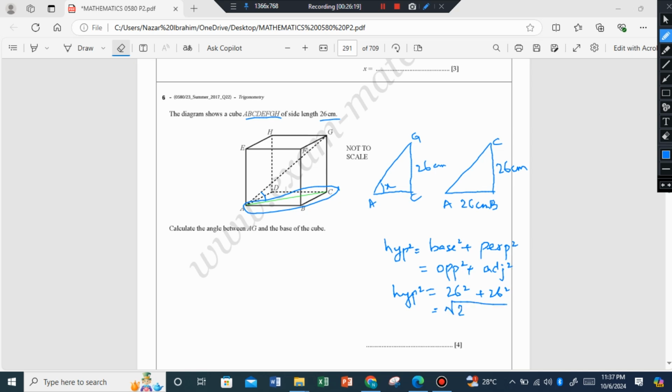So this will be 26 square plus 26 square. I'm getting 36.76, right? So I have found AC as 36.76 centimeters.